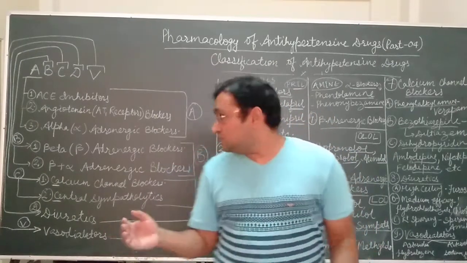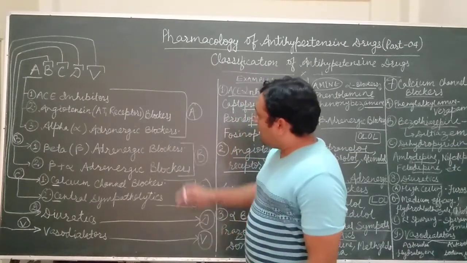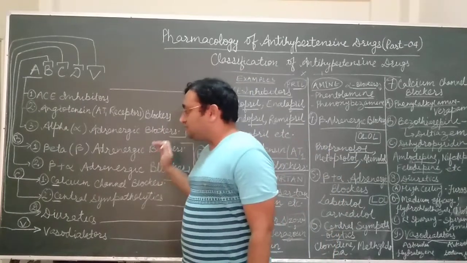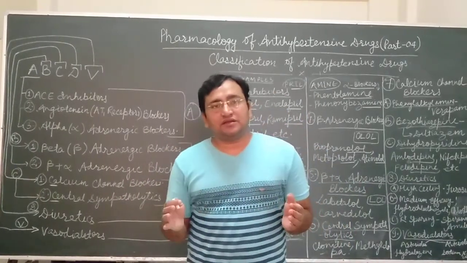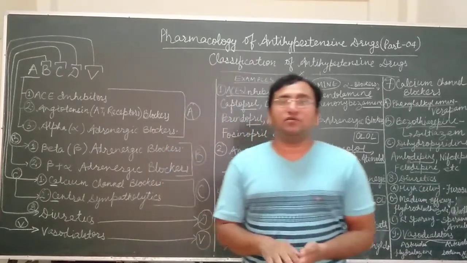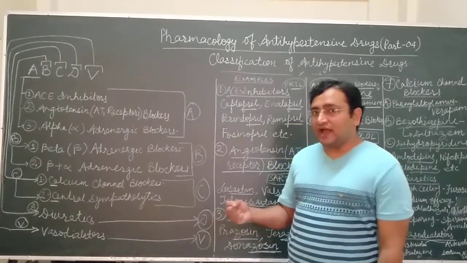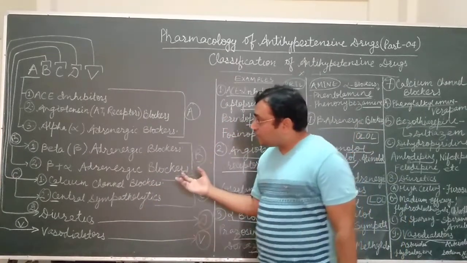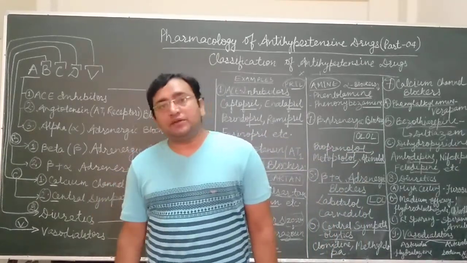In the next category, we have adrenergic blockers. We have studied that there are several adrenergic neurotransmitters which can help in contraction of the heart and blood vessels, and that contraction will help in elevation of blood pressure.